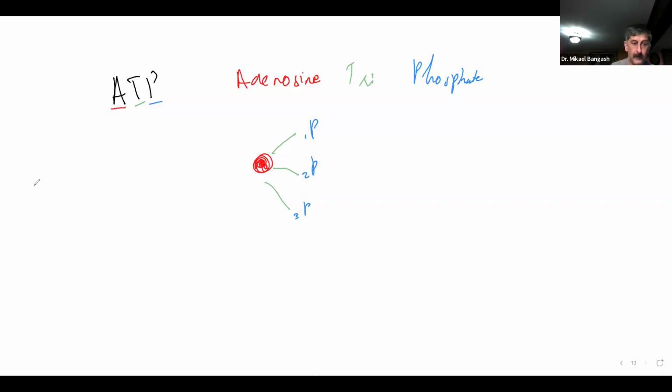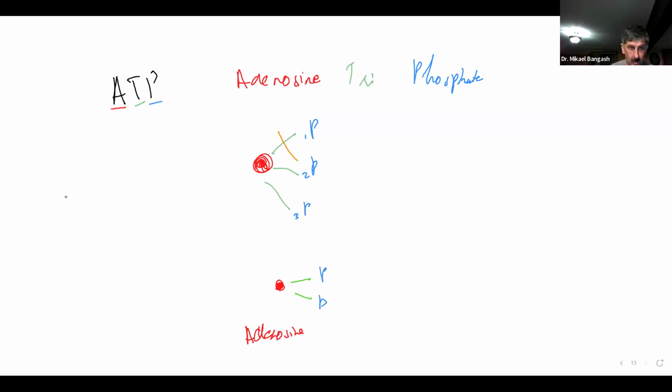Now what we just said was that this is going to get catalyzed by releasing this phosphate here. So what we end up with is you still have your adenosine, but what is left of this molecule after releasing this phosphate is just 2 phosphate molecules.